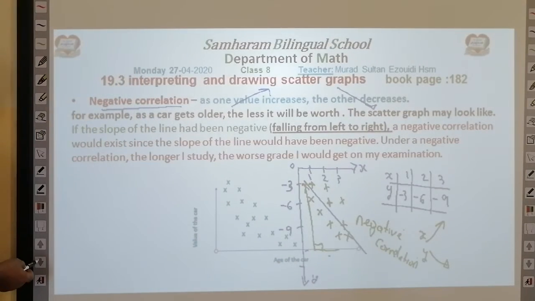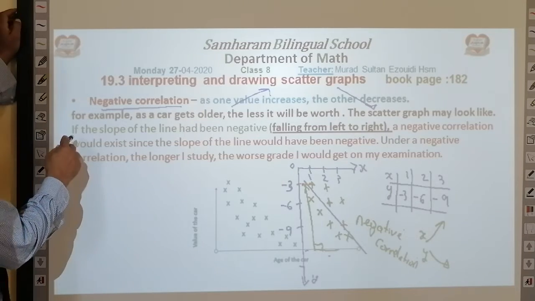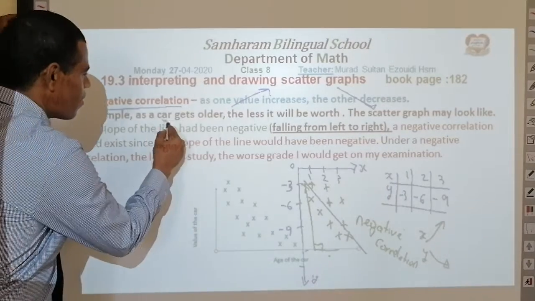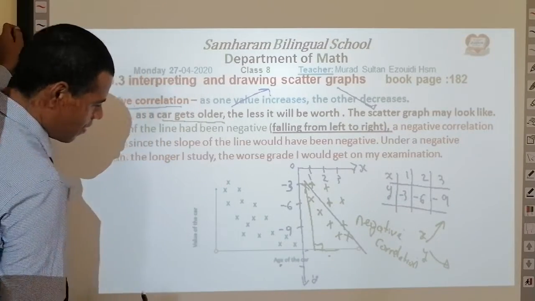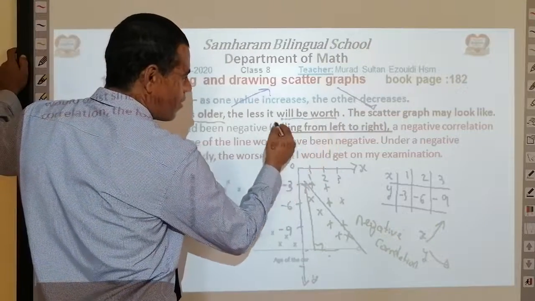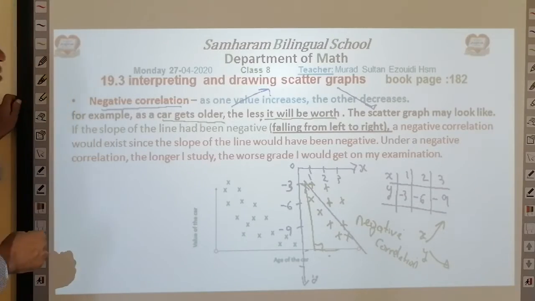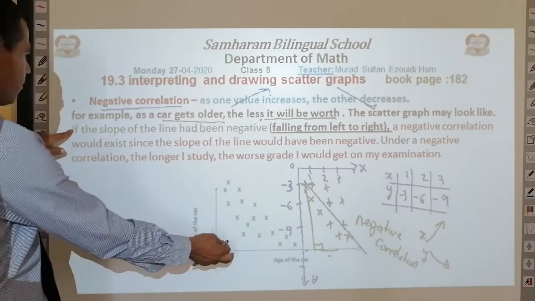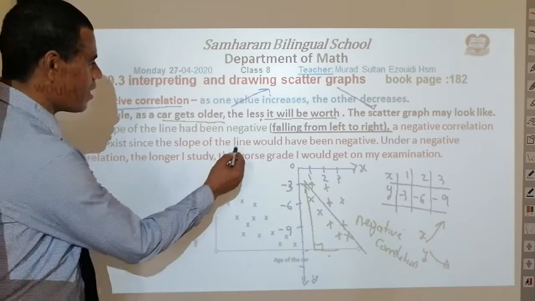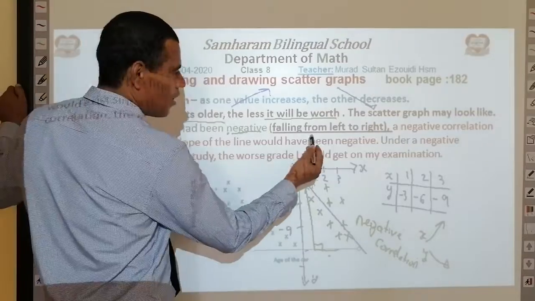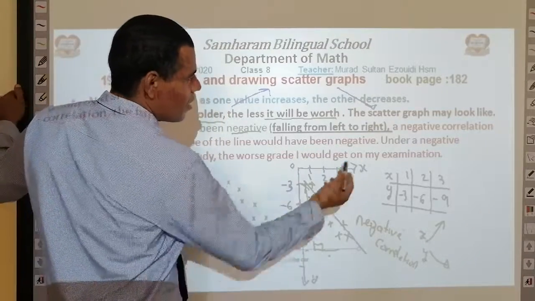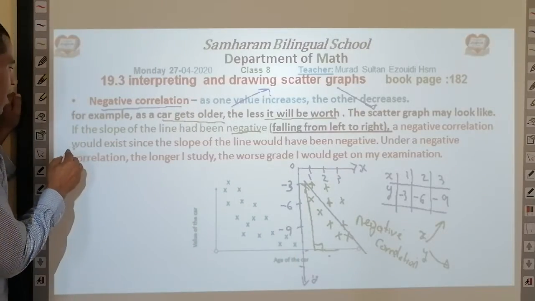Okay, the next. For example, as a car gets older, the less it will be worth. The scatter graph may look like that. If the slope of the line had been negative, falling from left to right, a negative correlation would exist.